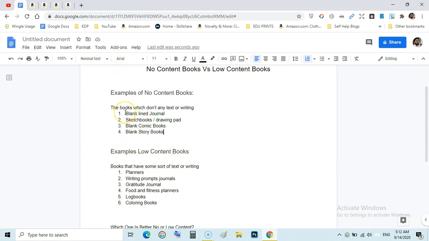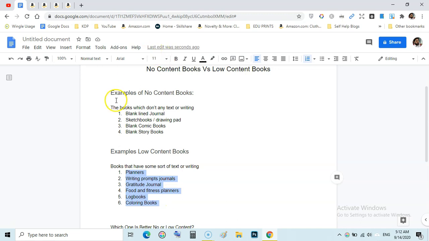No content books do sell, but in my experience, and many other people also show their results, which directly show that low content books are selling well as compared to no content books, especially during this pandemic situation that started from Feb or March.